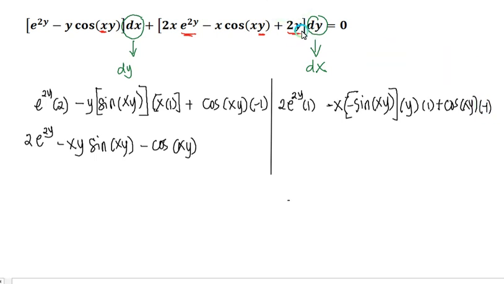Then we have derivative of your 2y. 2y is constant. So naka-red siya diri. This is constant, but silingon we have to add 0. So plus 0. If we have to simplify this equation, aton answer will be equal to 2e raised to 2y. So minus times minus, this is positive, plus xy.